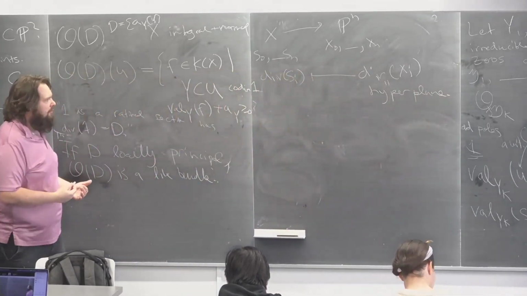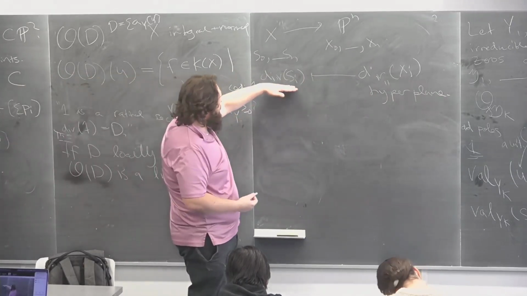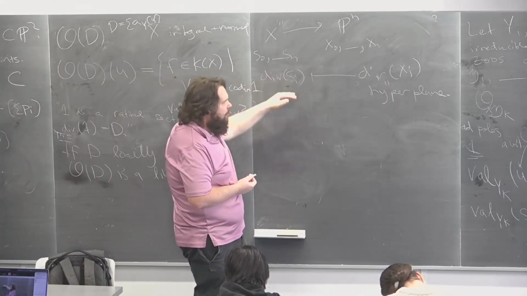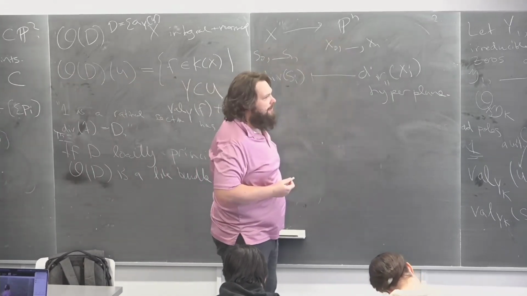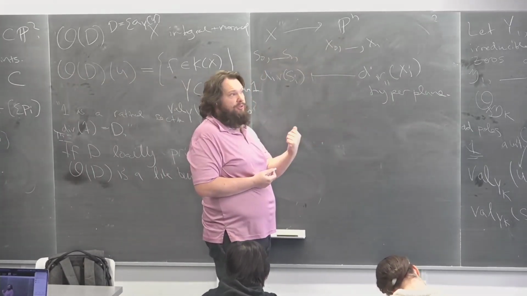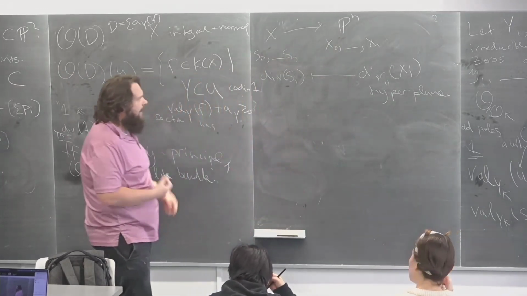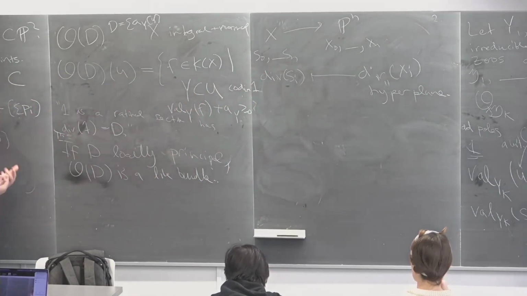So if I try to fix these functions Si by choosing their divisors first, what am I doing? I'm trying to construct a map to Pn by telling you what the pre-image of a hyperplane is going to be. And I can't always make that work because maybe the associated line bundle doesn't have enough sections.